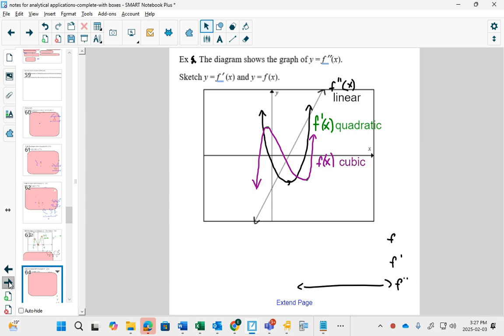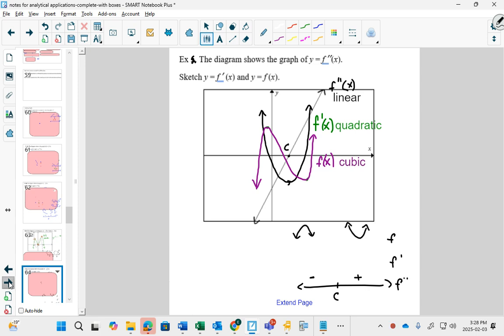So our second derivative, I'm going to label this point here as C. That's the only place where our second derivative is 0. Our second derivative is negative on this side of C and positive on this side of C. Normally we just talk about F, so we would already know concave down and concave up.